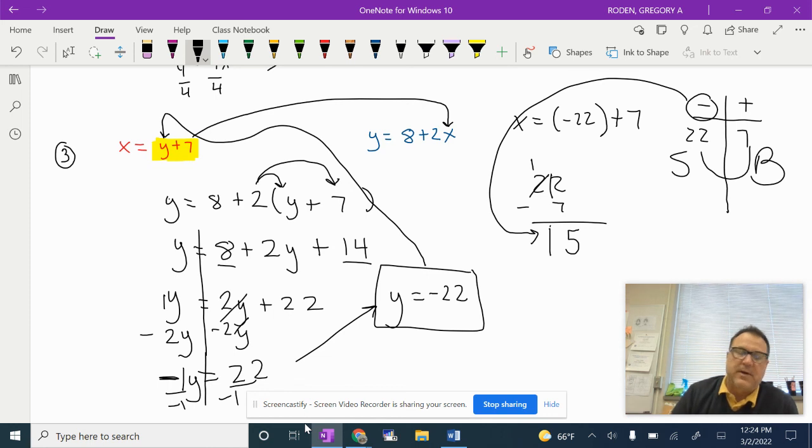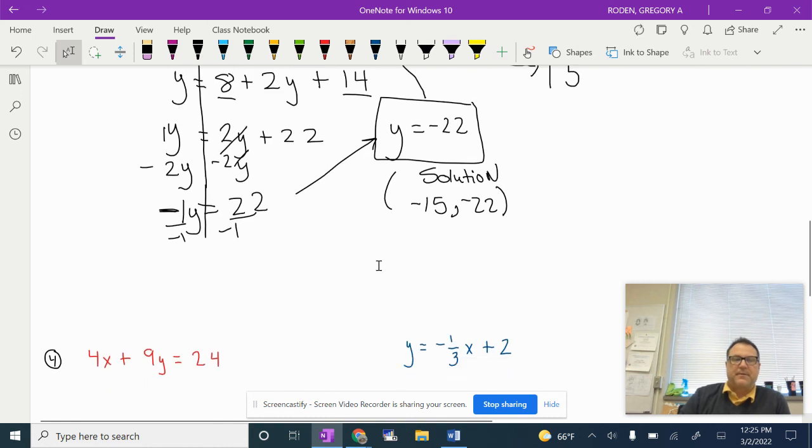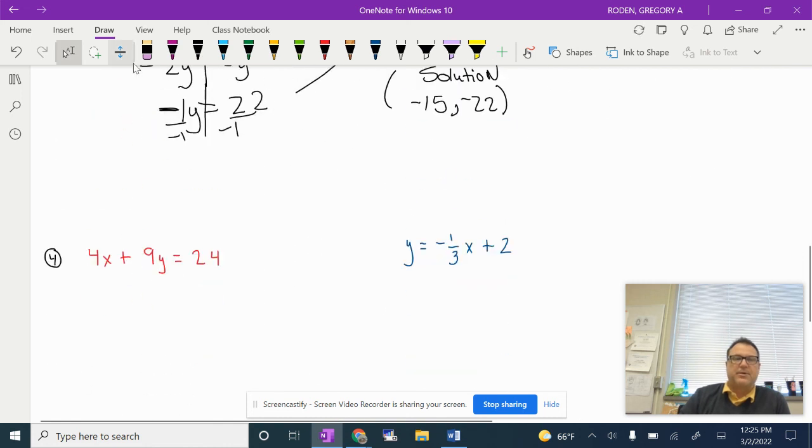So I get x equals negative 15. And so my solution is negative 15 for x and negative 22 for y. Okay? All right. Go ahead and give these a try, and then I'll give you the bonus question.